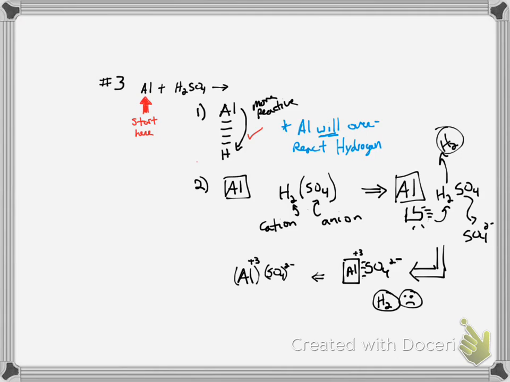Now if we look closely at AlSO4, because it's ionic bonds, the charges have to match. Therefore, this 3 is going to go down here to the subscript, and this 2 down here to this subscript. Therefore Al2SO4 is our final product, as well as H2 off here by itself.